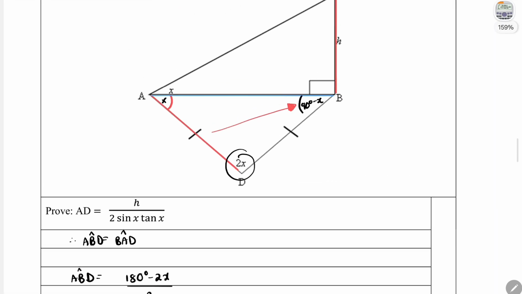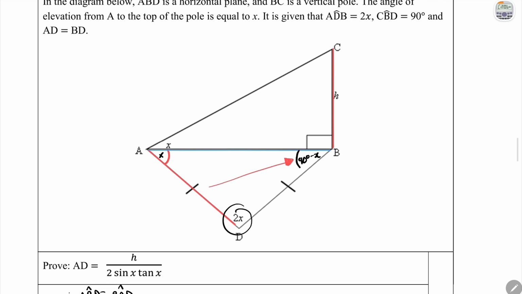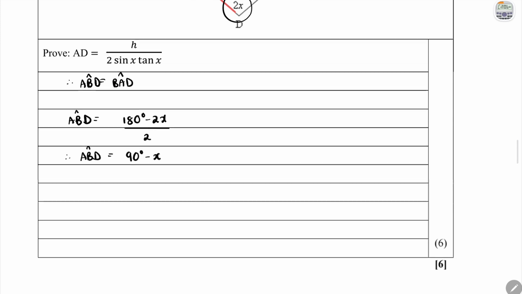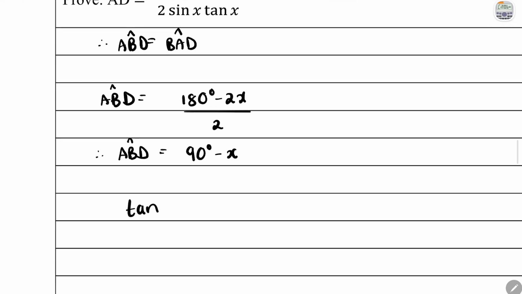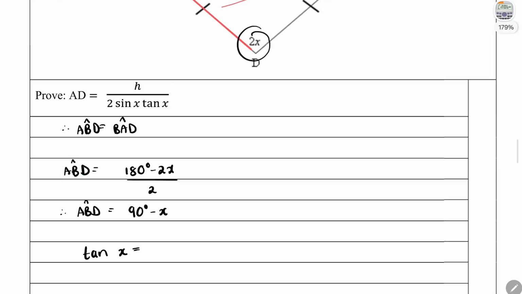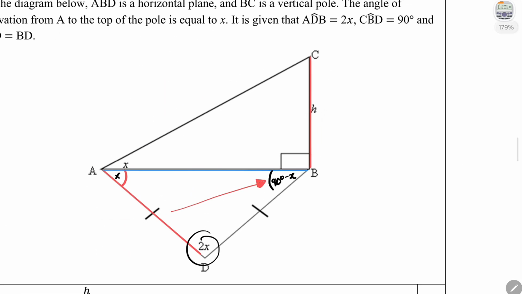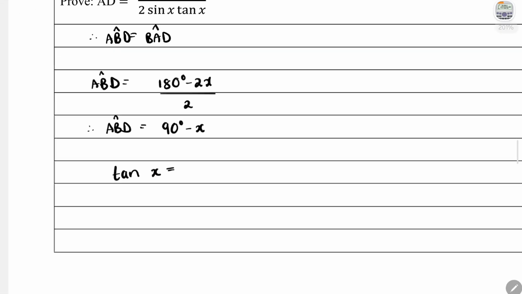So looking for AB, AB can be found using this right angle triangle here. We already have x, and we need to include h. So we're taking the opposite side and we're trying to find AB, which is the adjacent side. Opposite and adjacent means we need to use the function tan. So we'll say tan of the angle there, which is x. Tan x is equal to the opposite side, h, over the adjacent side, which is AB.